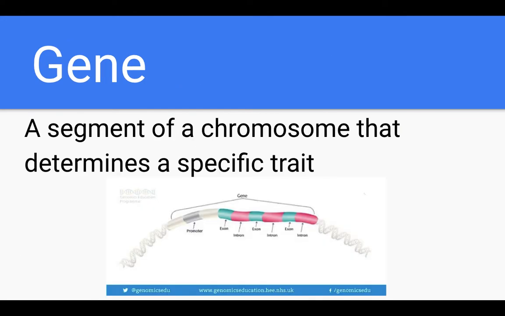A gene is a portion of a chromosome, a section of a chromosome, a segment of a chromosome. So I want you to picture the DNA that we made in class together, what seems like a long time ago. Each of you made out of pasta and pipe cleaners a section of DNA.